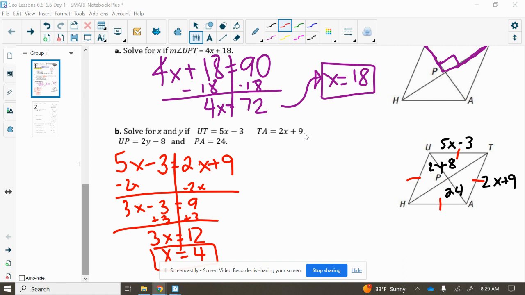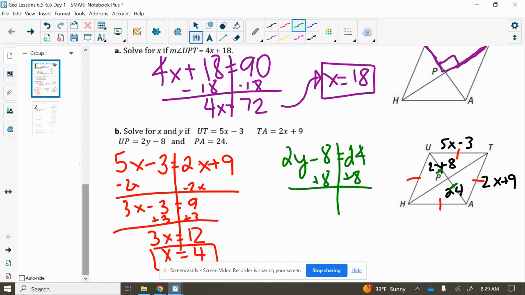Now, for the values of y, our diagonals are still being bisected like we had when we had a parallelogram. So 2y minus 8 has to equal 24. Add the 8 to both sides and divide by 2. Y would be 16.